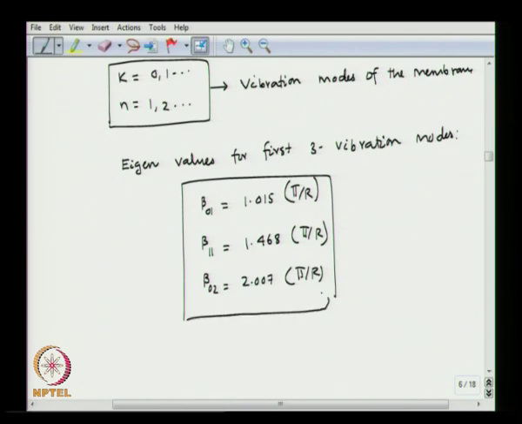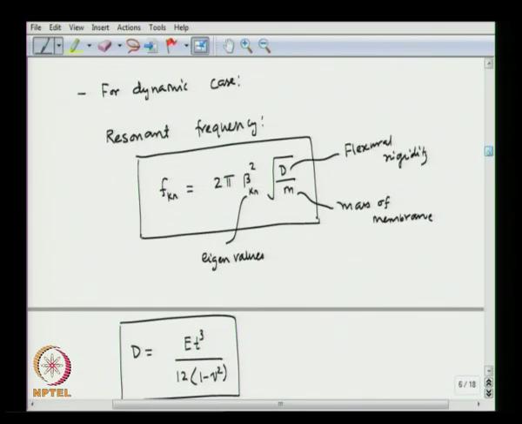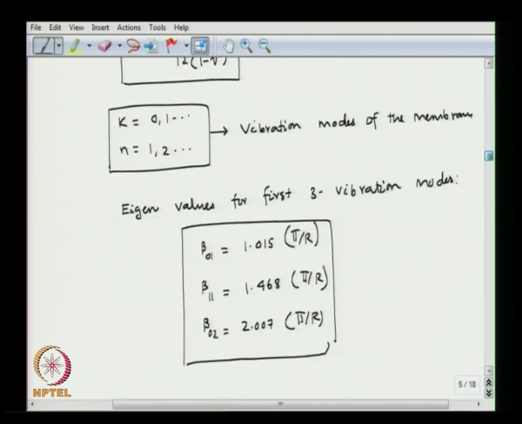Using these values for a particular configuration of a membrane, we can calculate its resonant frequency, which is an important design parameter.